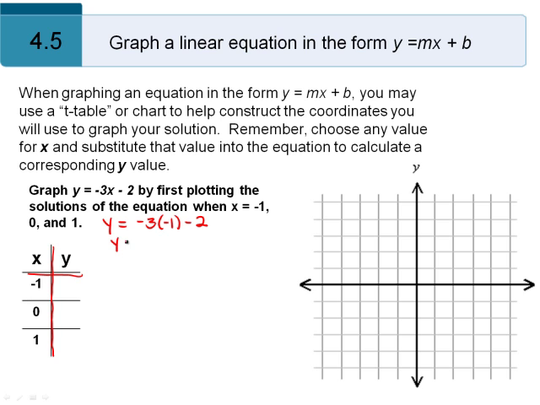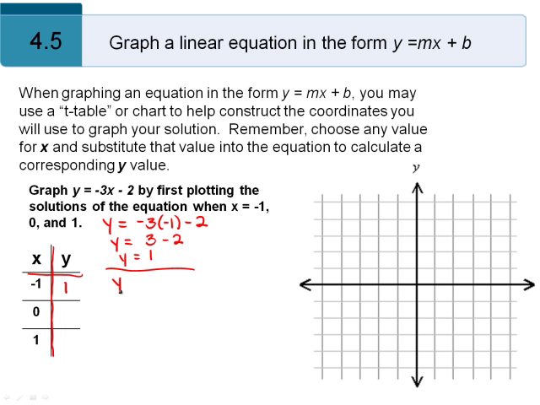Okay, so bring down the y. So you multiply. Negative 3 times negative 1 is 3 minus 2. So y equals 1. So that's what you put back over here beside the negative 1. So there's our first ordered pair, negative 1, 1. Okay. Now you go on to the next value that they've given us for x, which is 0.